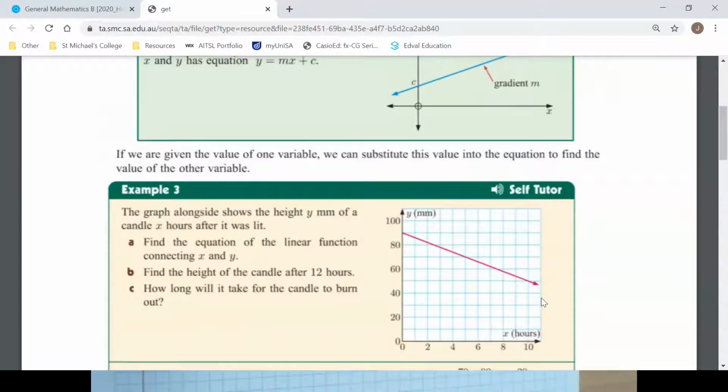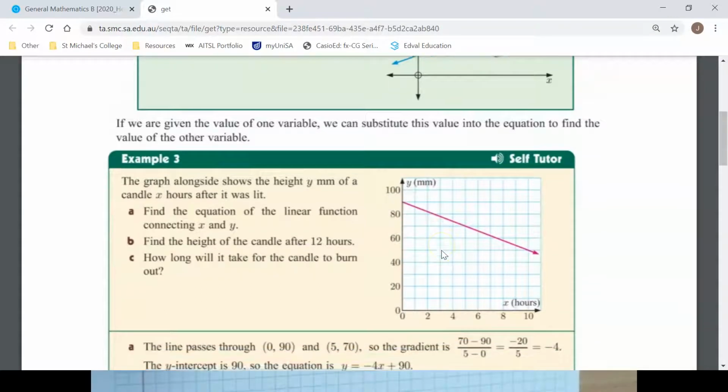So to find the slope of any graph, basically we just need 2 points on that graph. The easiest point, or definitely one point that I would be using if I was trying to find the gradient of this, would be at x equals 0, y is equal to 90. So that's 1 point, and then I can choose any other point on this graph to find the slope.